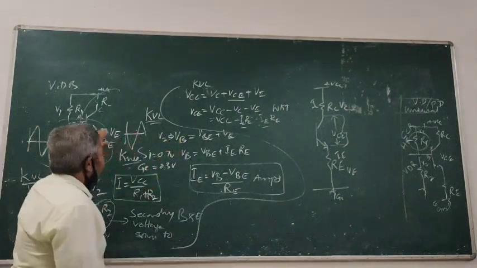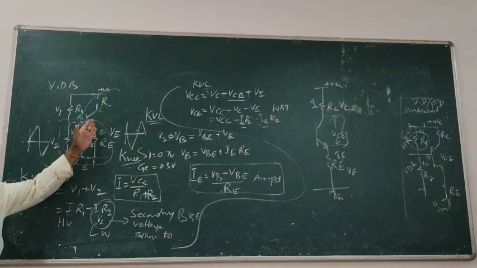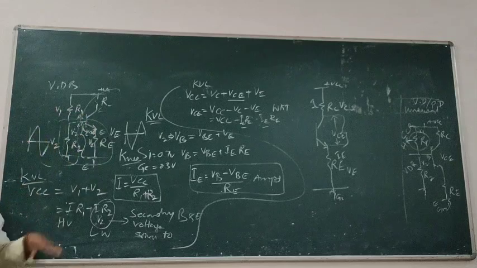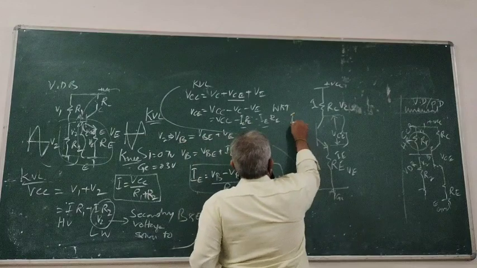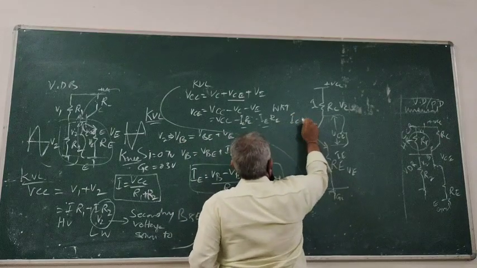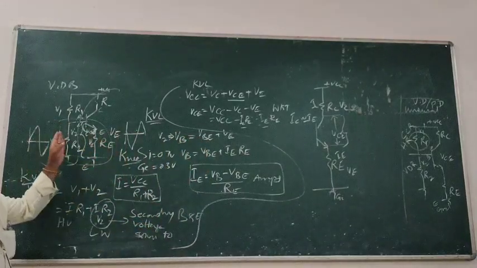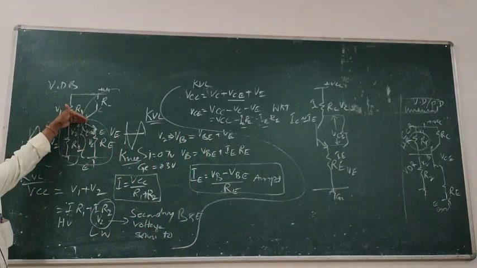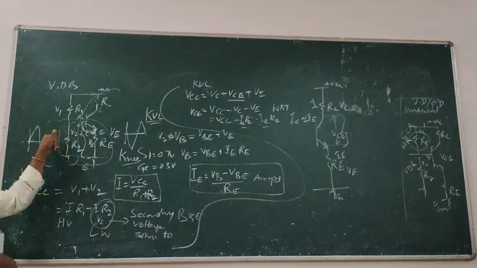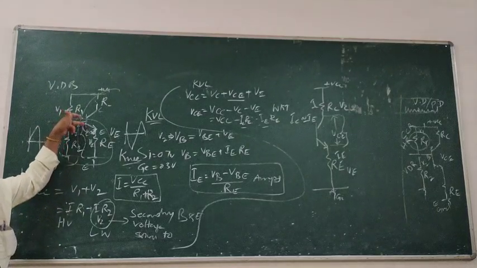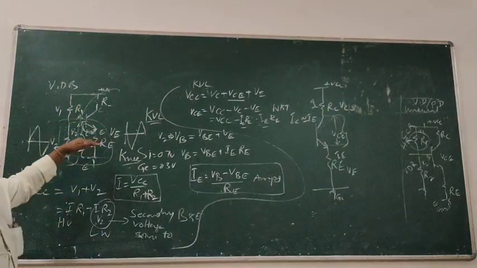See, in the common base amplifier, IC is nearly equal to IE. Earlier it is a common emitter. When the current enters the base, it acts as a common base. Even though it is a common emitter amplifier, whenever it enters the transistor, it becomes a common base. Both.